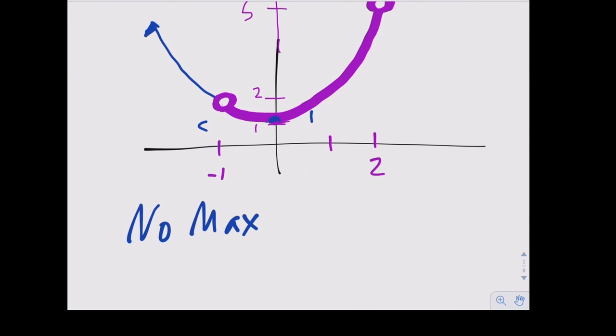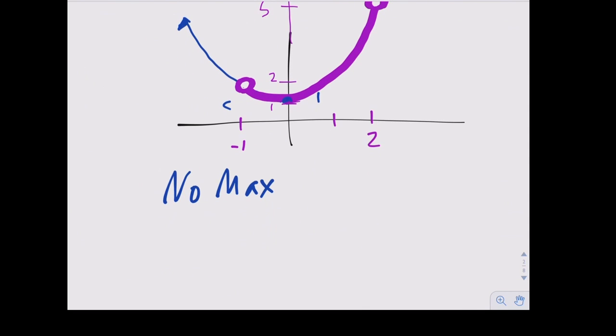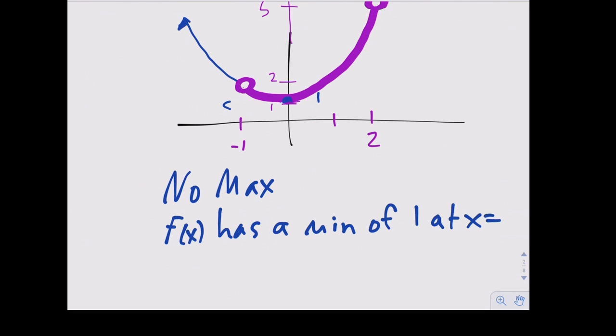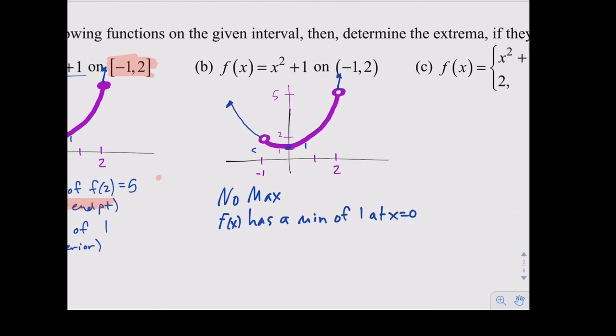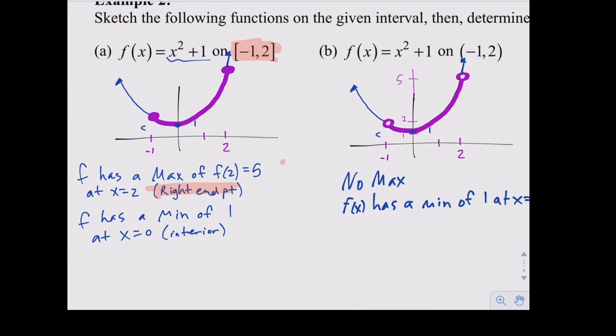Is there a minimum, though? Yes, we have a minimum. F of x has a minimum of 1 at x equals 0. Okay, so in part A, we had both a max and a min. One of them occurred at an endpoint, and one of them occurred where the derivative was 0.